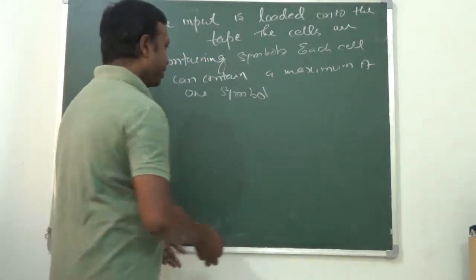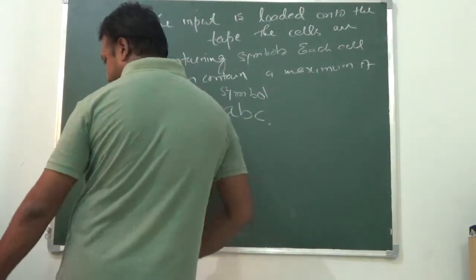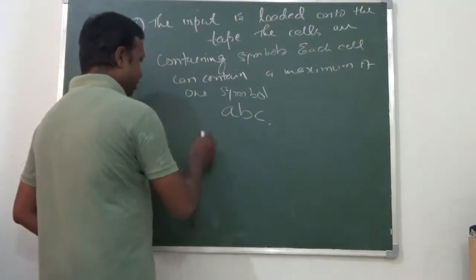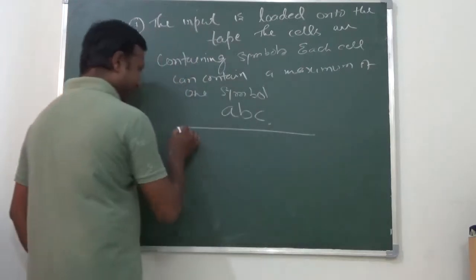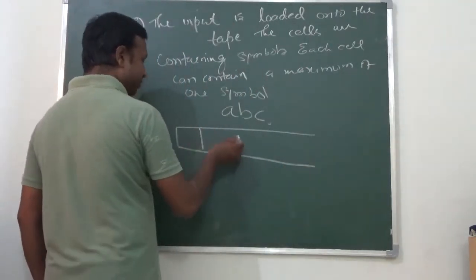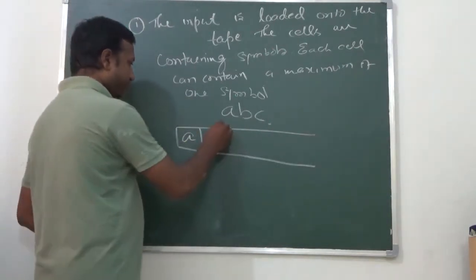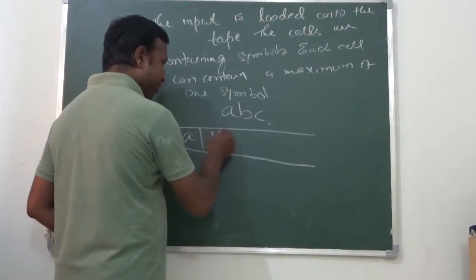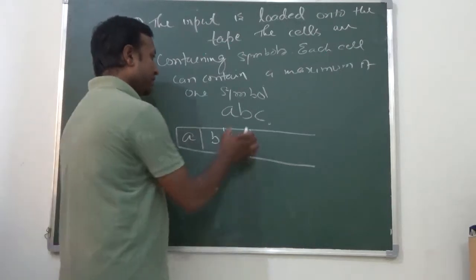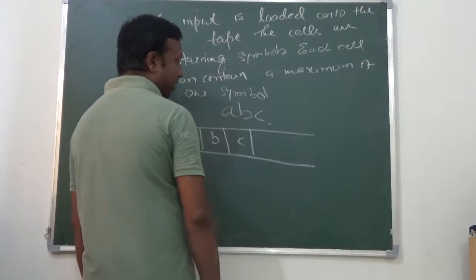So if the input is suppose A, B, C, then the tape is looking like this. The first cell, the leftmost cell, is containing A, then we have B, then we have C, and we can assume that if the input is ABC, there is only three symbol.